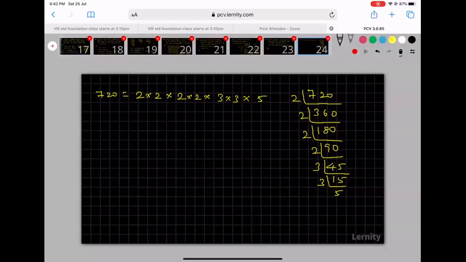Here you see which one is not having a pair. These two are a pair, these two are a pair, these two are a pair. Only 5 is not having a pair. So here there is no prime factor to form a pair with 5.